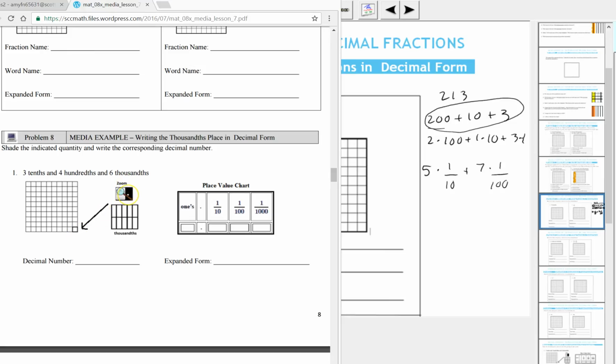We use this zoom. I think they should all understand zoom by now from their phones. Then we cut this into 10 equal pieces. For the 6 thousandths, they should shade 6 of these. We use blue for this. Then they try to get close to shading an equivalent portion in the grid so they can see what that would be relatively.